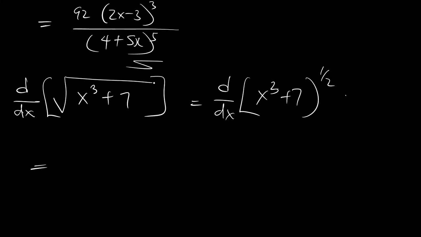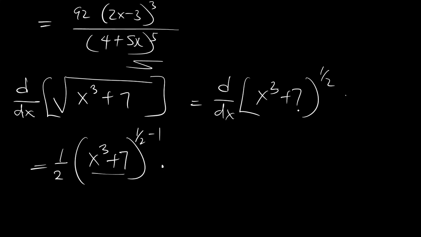So with this we can now get the derivative with respect to the function inside. Now as a power rule, you have 1 over 2 into x cubed plus 7, keeping this the same, then raised to 1 over 2 minus 1, times the derivative of the inside, which is 3x squared. The derivative of 7 is 0, so that is it. Now 1 over 2 minus 1 is minus half.